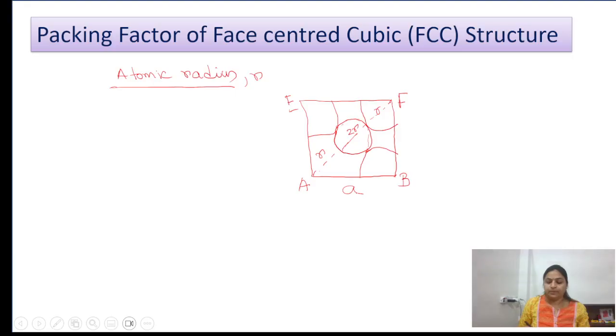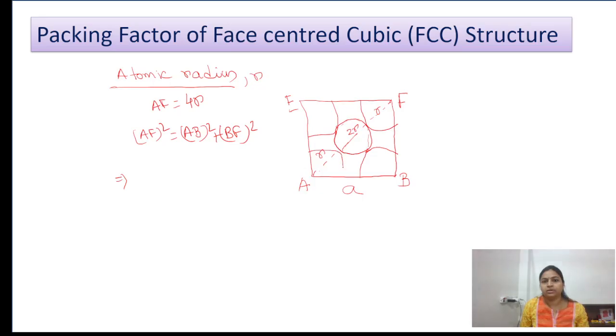So for the FCC structure, the length of this face diagonal, that is AF, is basically 4R, and we can write AF square is equal to AB square plus BF square. Here one atom is there.